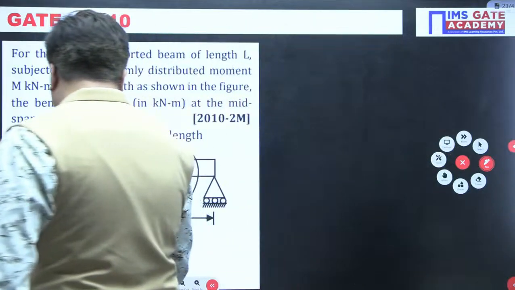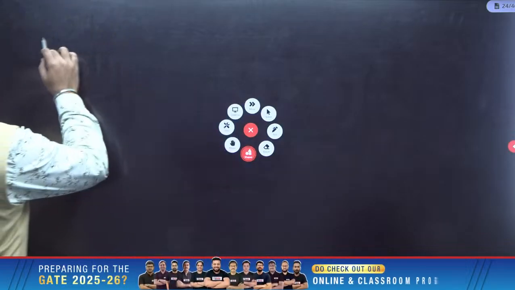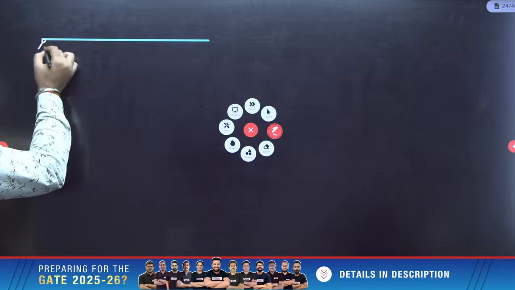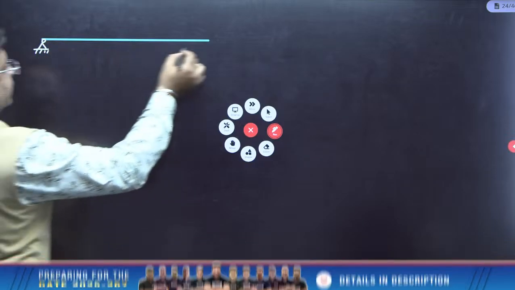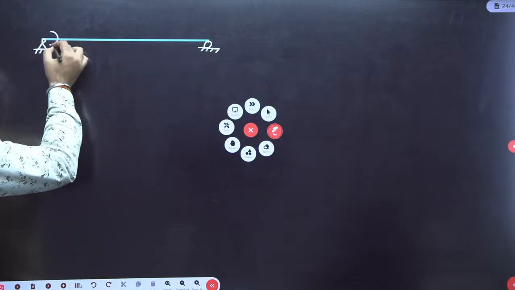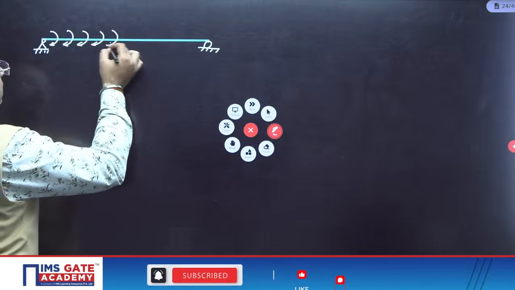So let me have this beam here. This is your simply supported beam which is subjected to the moment intensity M, like this.